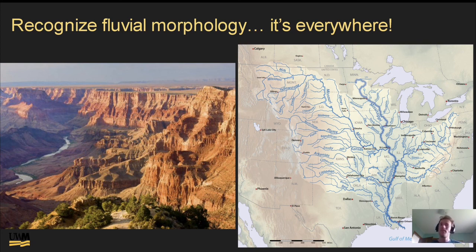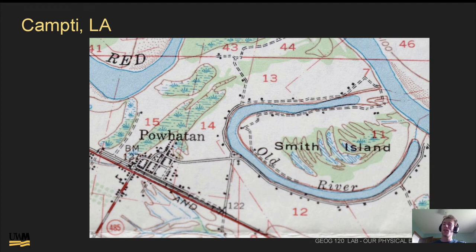Over time, things are going to be different. So that's why fluvial geomorphology is really important. You're going to be looking at just a few examples of locations where these are really evident, like on the Louisiana-Arkansas border, on the Mississippi River.